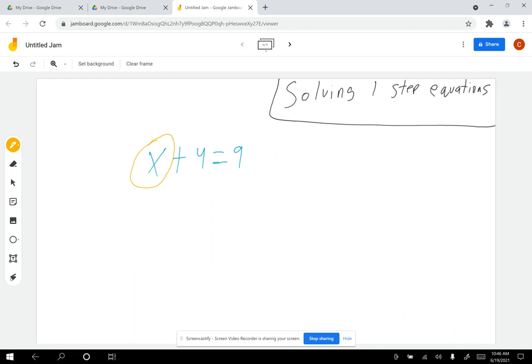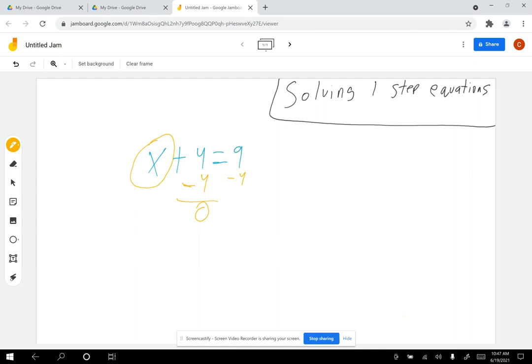X is isolated. So what I have to do is find out how to make 4 become 0. To do that, I have to subtract 4 from 4, because 4 minus 4 gives me 0. But what I do to one side of the equation, I must do to the other side of the equation.